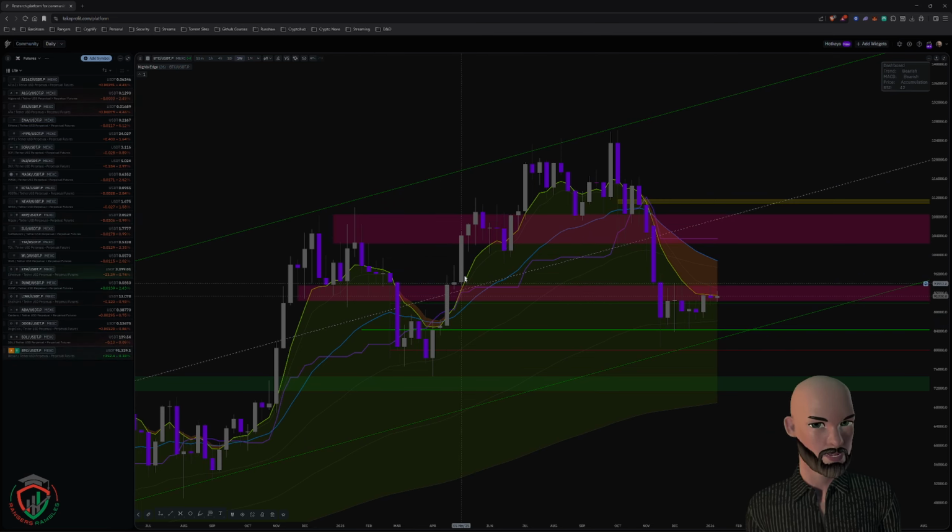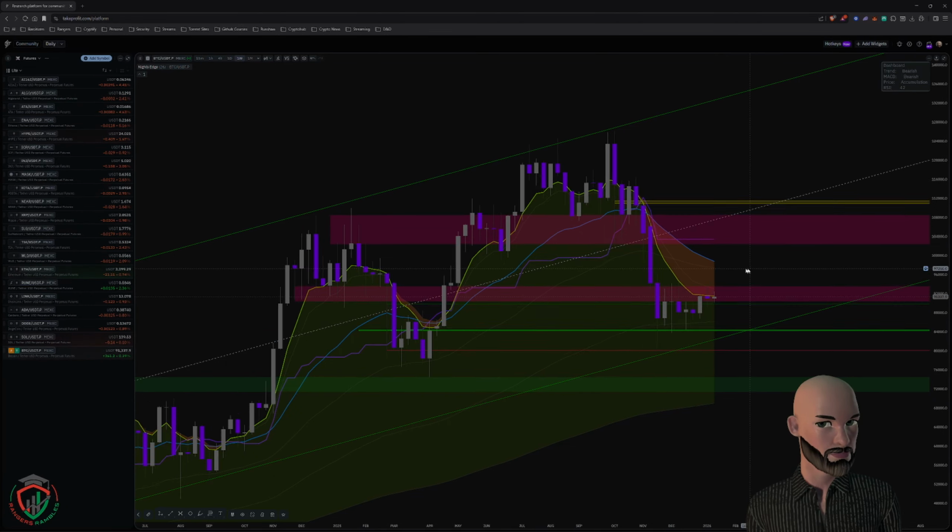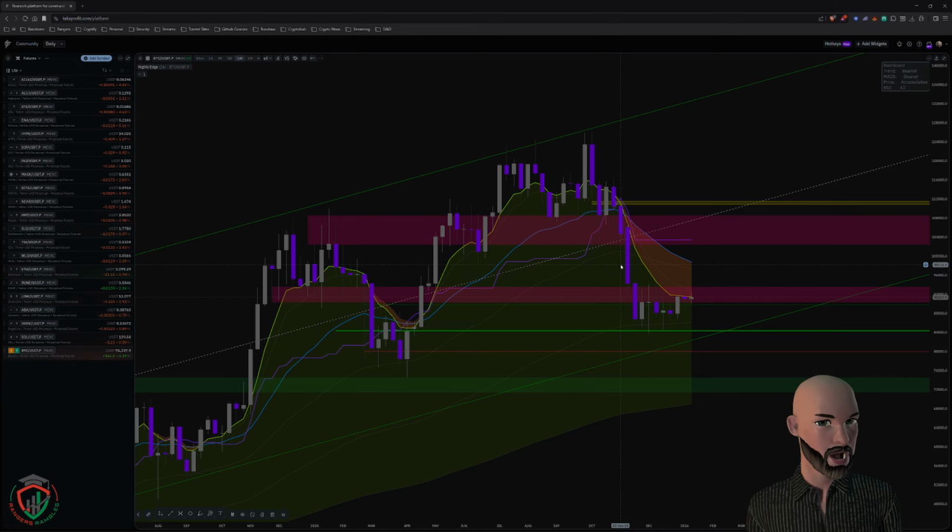Okay, so broke through and then flipped it and bounced up. Flipped it and bounced up. Now we've rejected it and we broke all the way down. Back up. There is a gap here on the weekly.